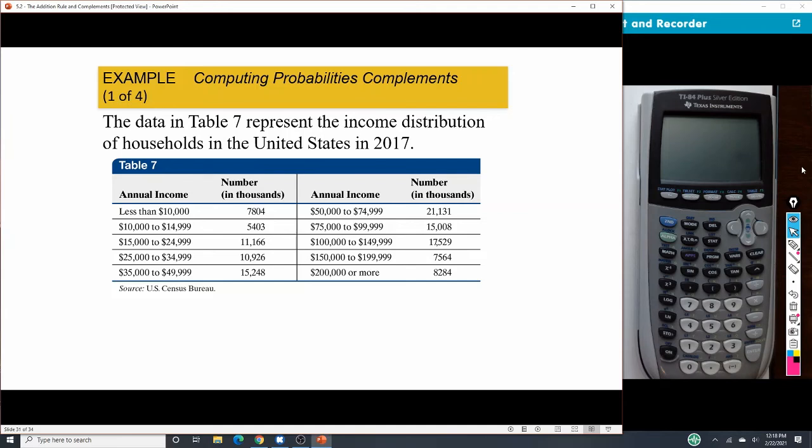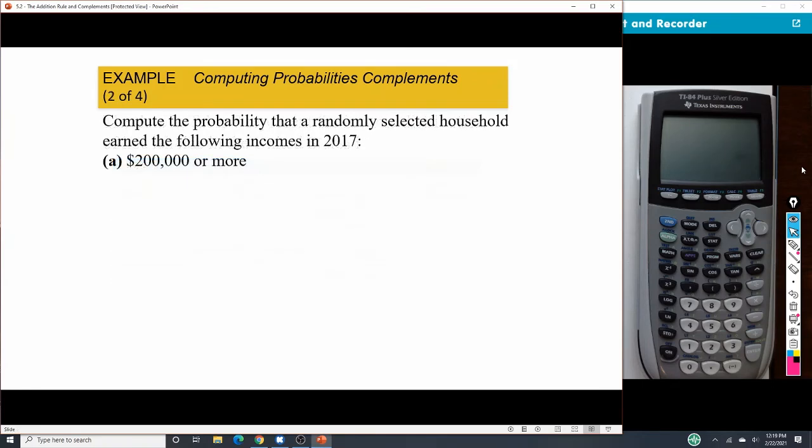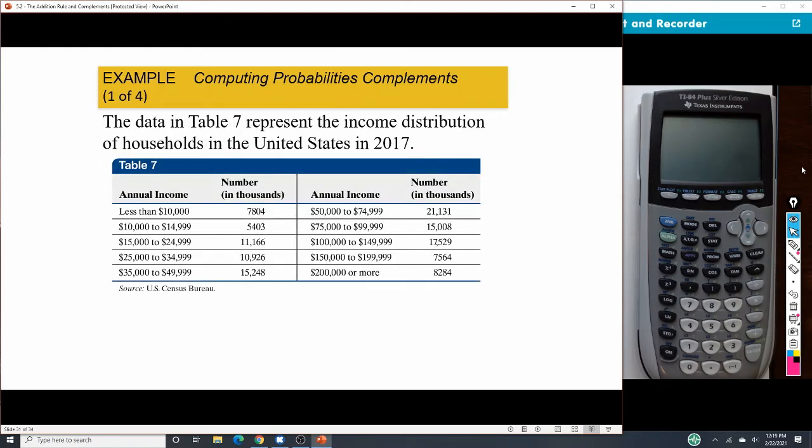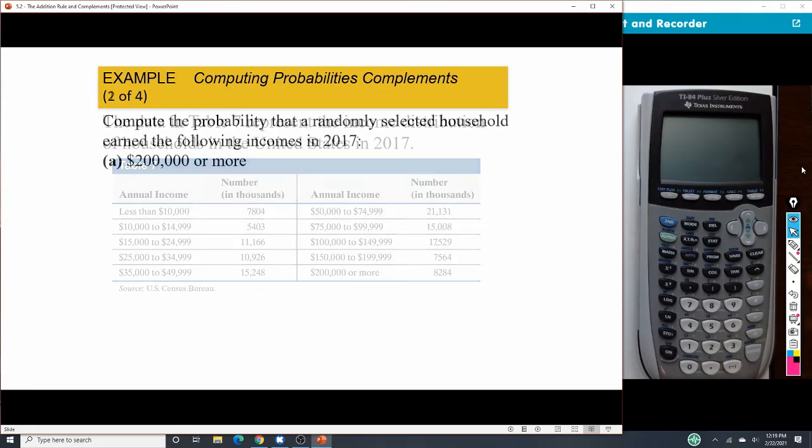All right, so the next ones look at our income. So annual income being all these things and the number of people within those. Okay, so we want to be able to answer some questions from this table. So the first, find the probability that somebody earned more than $200,000. Okay, so if we go back here and look at that, we could add all of our numbers in thousands there together, and then we do 8,284 divided by that number.